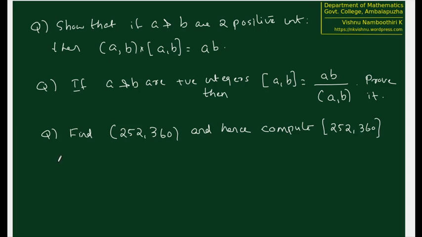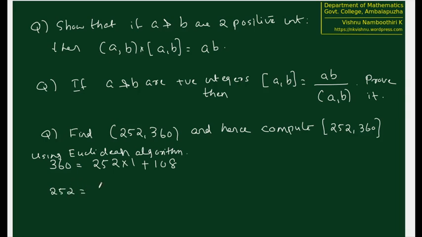Okay, we will find the GCD using the Euclidean algorithm. Of course, we can find it using the canonical decomposition also. Either way, we have to find the GCD. So this is 360 equals 252 into 1 plus what is remaining, 108. Okay, now we continue, using the Euclidean algorithm. So 252 is equal to 108 times 2, plus 36.